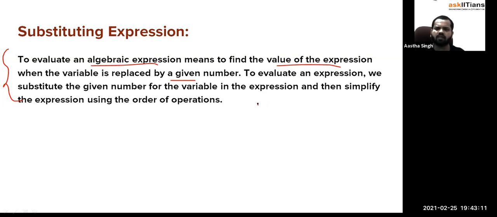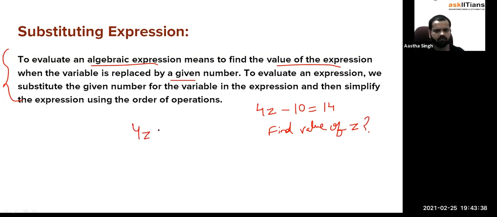If I take an example, 4z minus 10 is equal to 14. Just find the value of z. This is an easy question, right? So 4z: the minus 10 will go to the other side and become 14 plus 10.